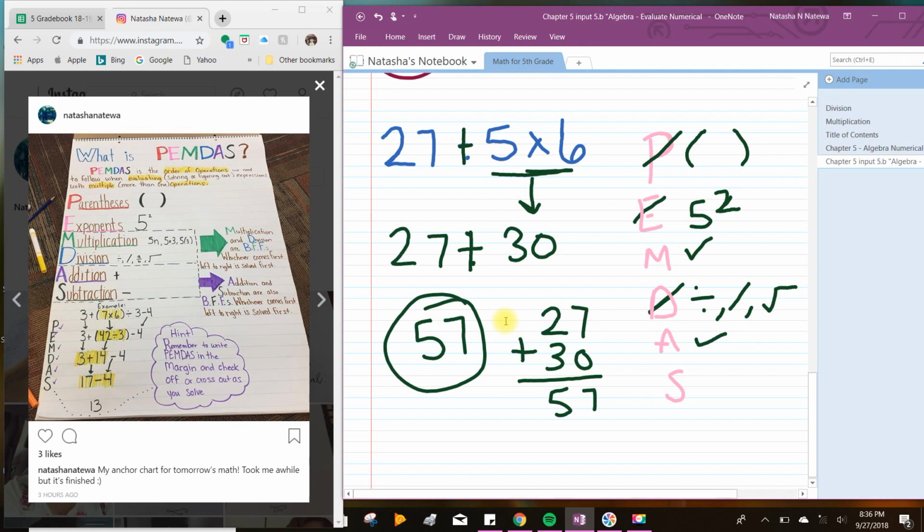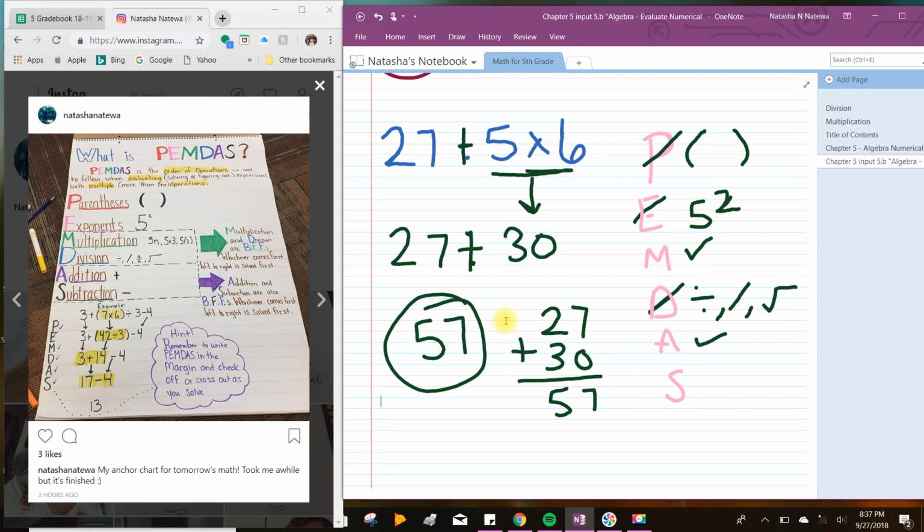Try 9 through 11, and 12 and 13 are bonus. If you want to do the back, you can, and that will be extra bonus for you. If you need help with 9 through 11, come talk to me. But I think you can do 1 through 8 by yourself. Try to do 9 through 11 by yourself before you come talk to me, okay?